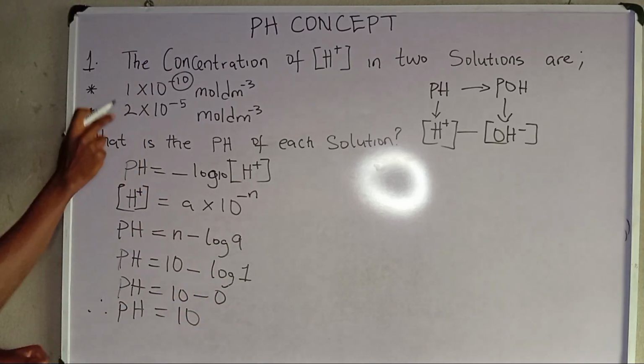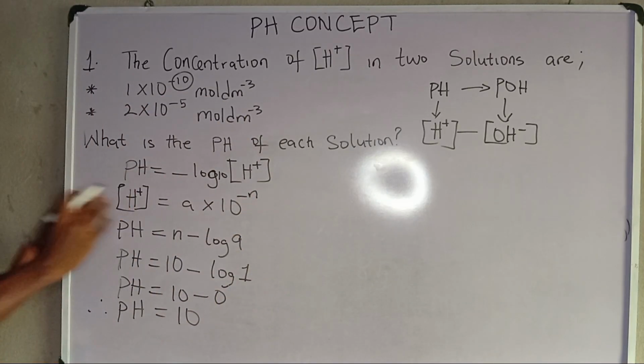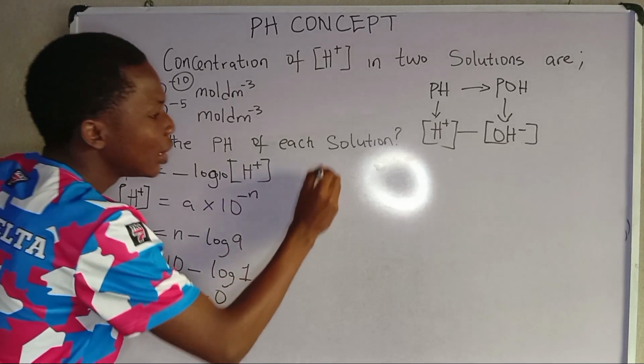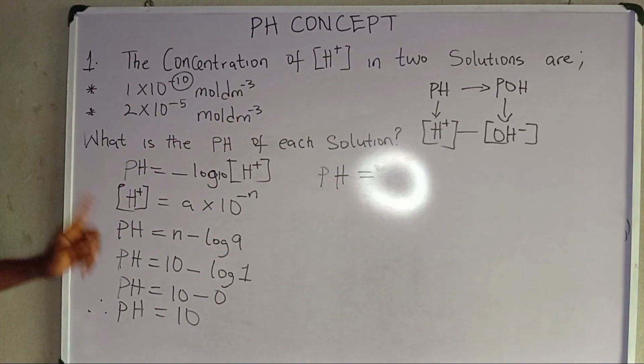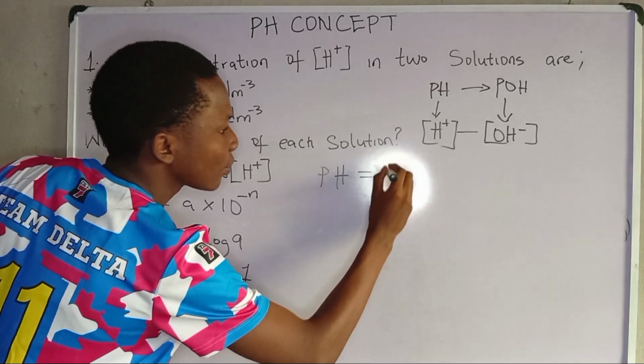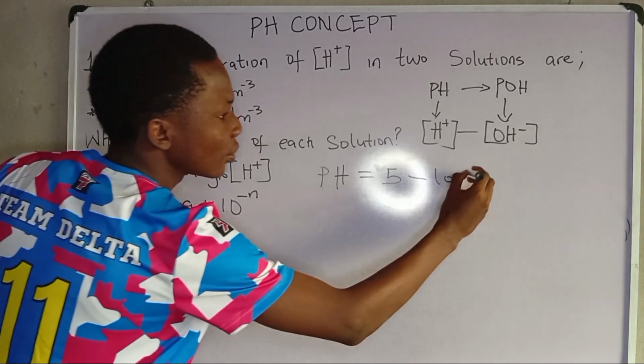So now, let's start with the second question. The second question is obviously on a different level, but we can also solve it without the calculator. The pH of the second value will be equal to n, which is 5, minus log 2.